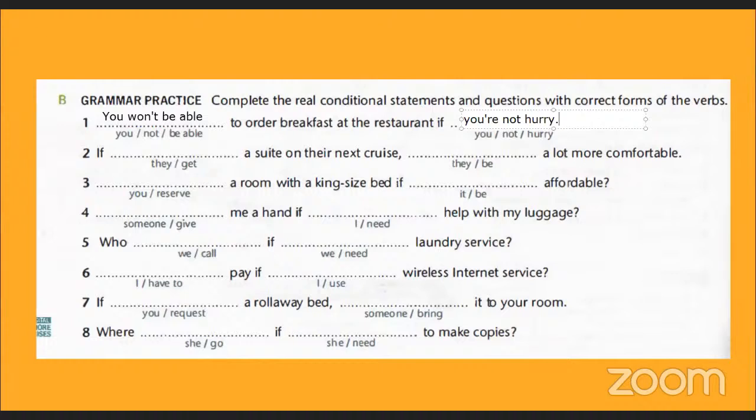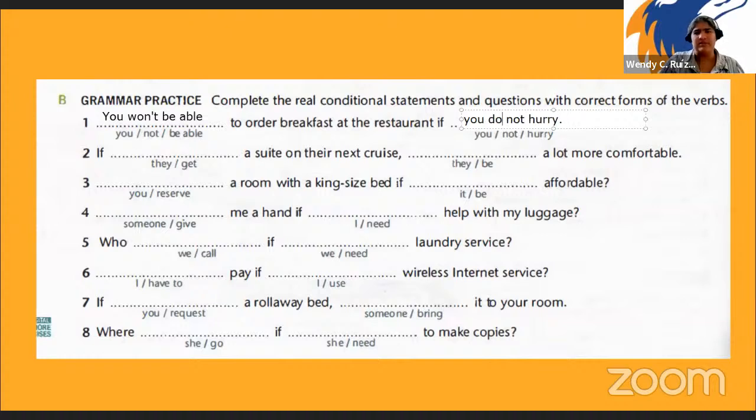If you do not hurry. Correcto, porque ese es el auxiliar del presente simple. Do not o don't hurry. Entonces, el verbo to be es específico solo si estamos hablando de una situación de ser o estar. You won't be able to order breakfast at the restaurant if you do not or don't hurry.